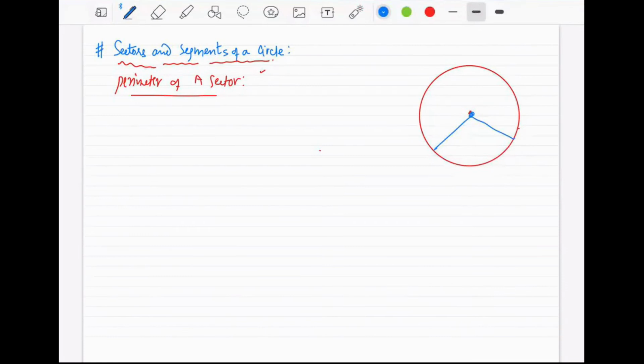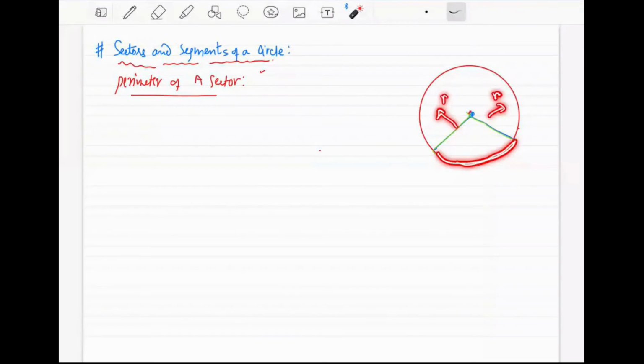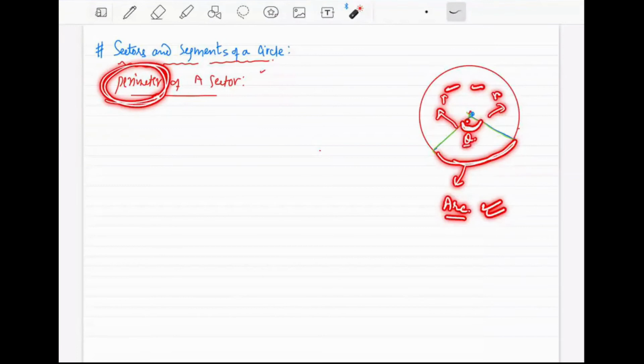Let me draw it with the green. It consists of two radii, one r here, one r here, and this part is the arc. So if I add the arc and the two radii, we are going to get the perimeter of a sector, right? And for a sector, you have an angle theta here, which is called the sectorial angle.